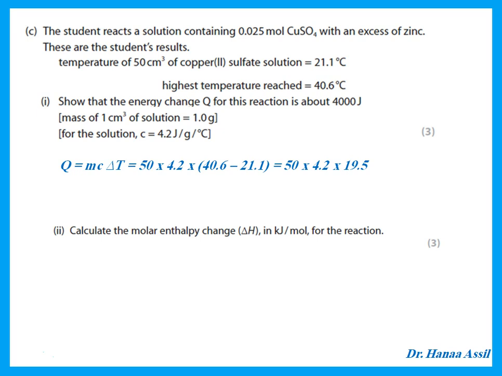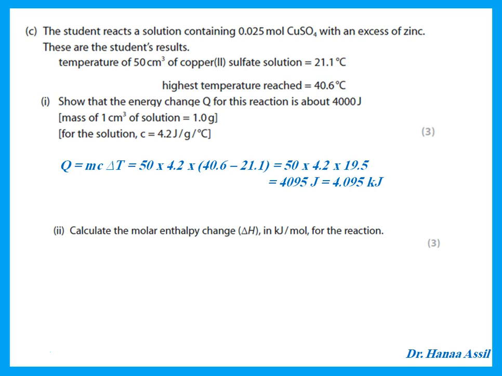So 50 centimeter cubed of copper sulfate solution would have a mass of 50 grams, times the c, and he gives me c is 4.2, times the difference in temperature. He said he started with 21.1 degrees Celsius and he ended up with 40.6. So the difference, you calculate, this comes out in joules. Usually we will need it in kilojoules, so we need to divide by 1,000. So it comes out to be 4.095 kilojoules.